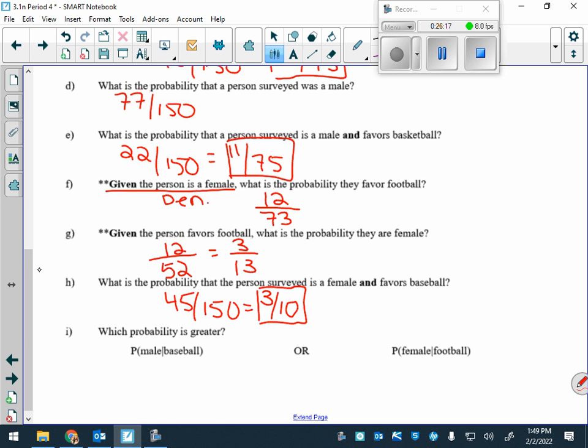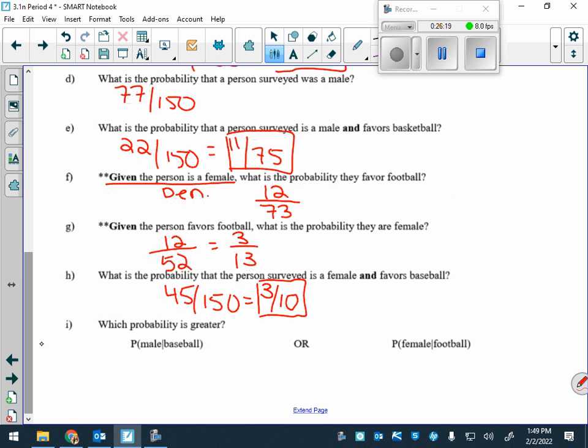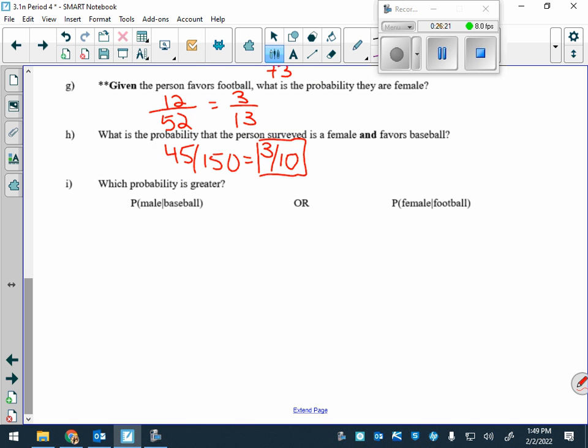Okay. Now we have to figure out what probability is greater. Remember the reading. For this notation, whatever comes second, so baseball, that's going to be your denominator. Okay, so how many people favored baseball?